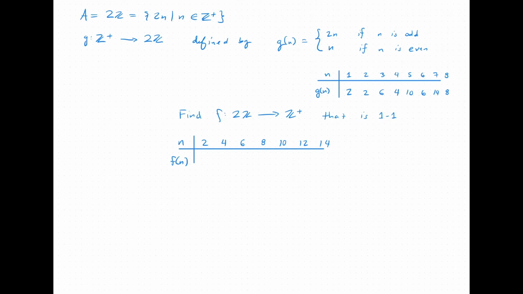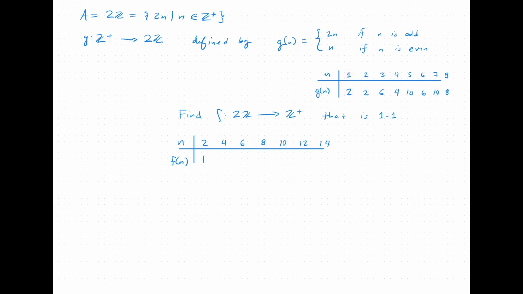So how can we go about constructing a function that is 1 to 1? Well, the first thing is we need to send every even integer to exactly one positive integer. So let's go through. We have 2. We can send this back to 2, but we could also send it to 1. And that's what we are going to do. We're going to map 2 to 1.